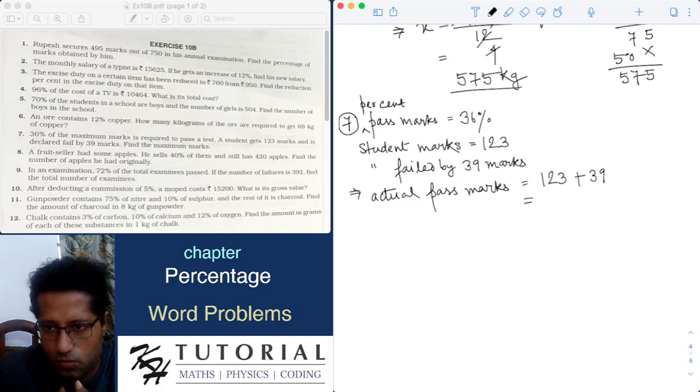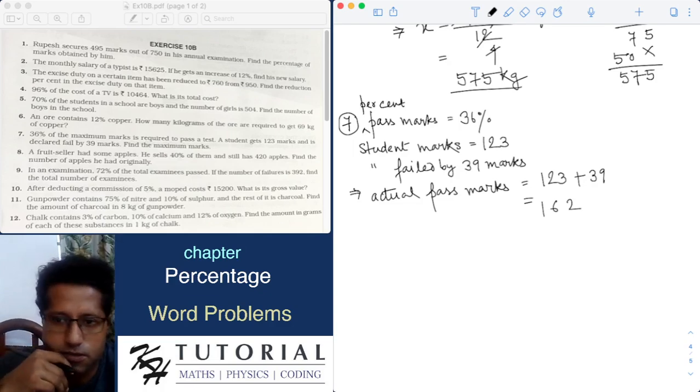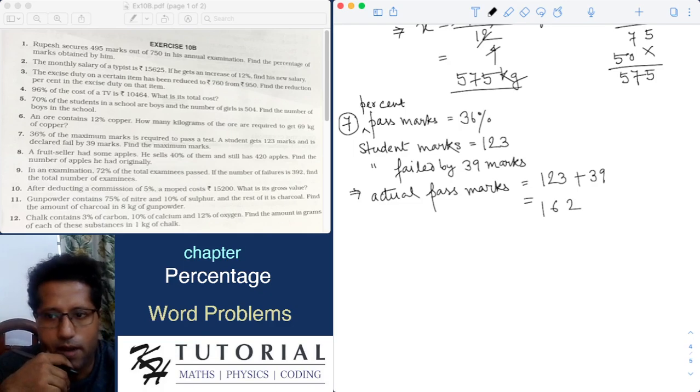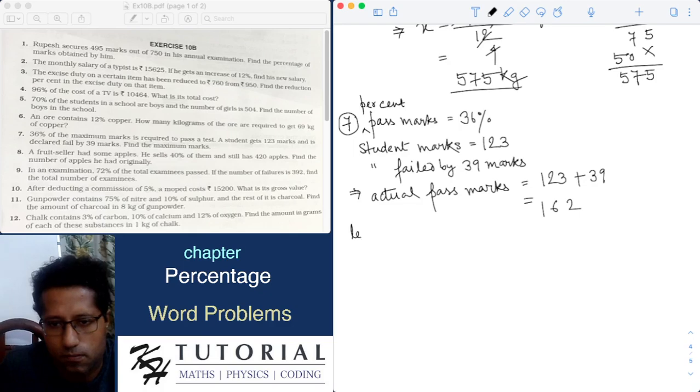This is equal to 162. 162 is the actual pass marks. And now it is asking to find the maximum marks.